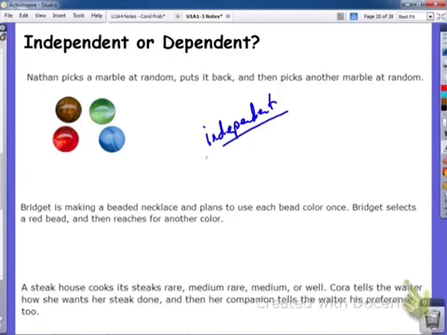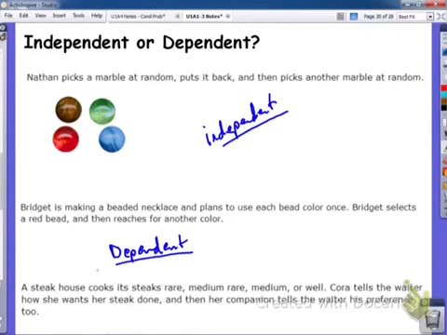She does not put it back. There's no replacement here. Now she's going to pick a different color. Is this an independent or a dependent situation? It is dependent, right? Any questions? Write that down. Make sure you jot these notes down.